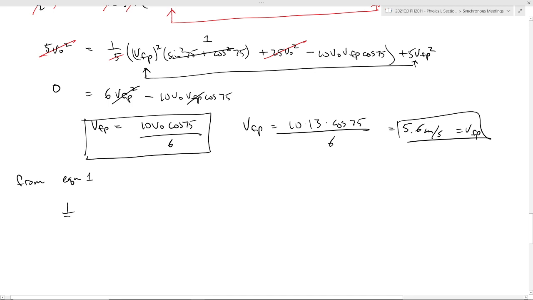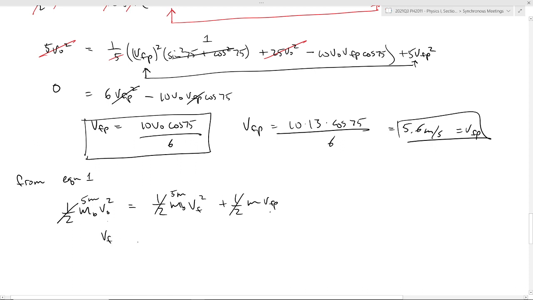Now that we know v final pin, let me just state it again, we can cancel out our factor of 1/2 that appears here. Note that this is actually 5 times m for both of these. Now we know v naught, we know v final pin, so we can solve this for v final.